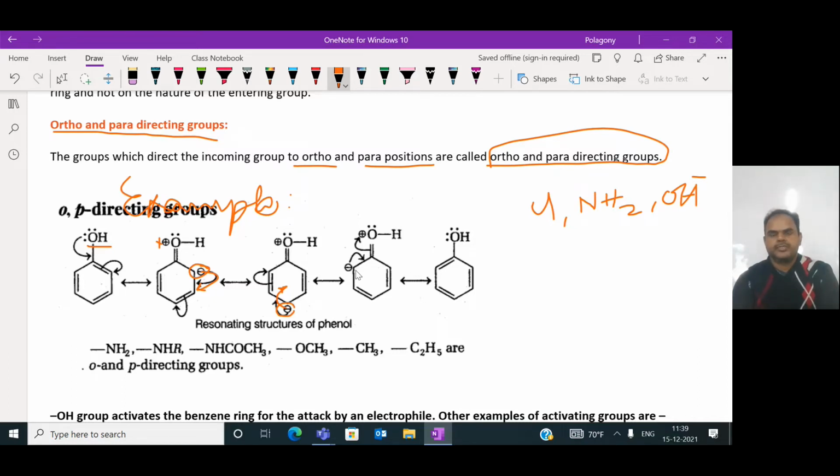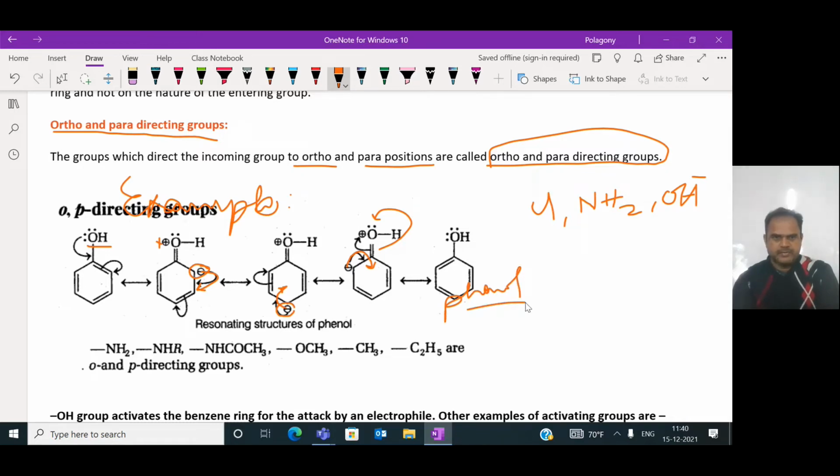This is also an ortho position. Again, if the electrophile attacks this ortho position, it will give the ortho compound. In case the electrophile does not approach this carbon, the negative charge goes into the ring again, and the pi electrons between the oxygen and carbon move back to the original place. Then we get the phenol again.